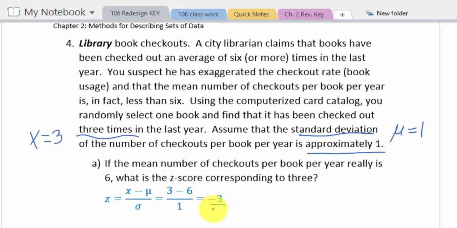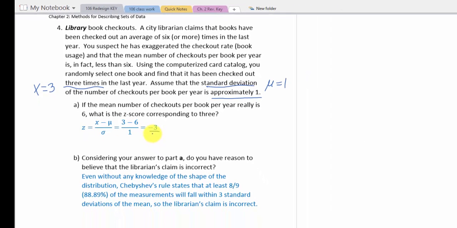And we consider negative 3 to be pretty far away from the mean. So for part B, considering the answer to part A, do you have reason to believe that the librarian's claim is incorrect? So even without any knowledge of the shape of the distribution, we recall that Chebyshev's rule states that at least 8 out of 9, or 88.89% of the measurements fall within 3 standard deviations of the mean.